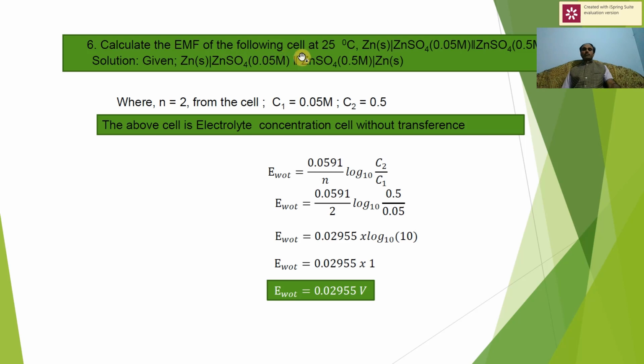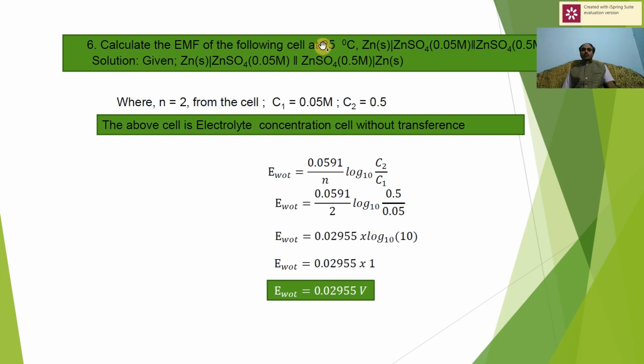Calculate the EMF of the following cell at 25 degrees Celsius. The cell diagram is given, that is Zn bar ZnSO4 0.05 molar, double vertical line, ZnSO4 in parenthesis 0.5 molar, and single vertical line Zn.